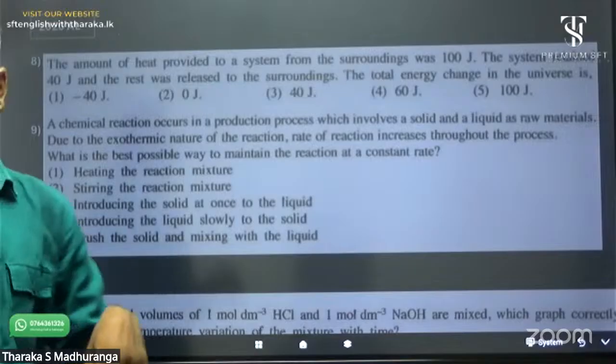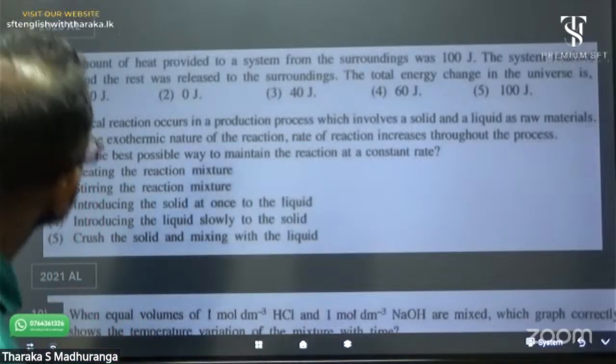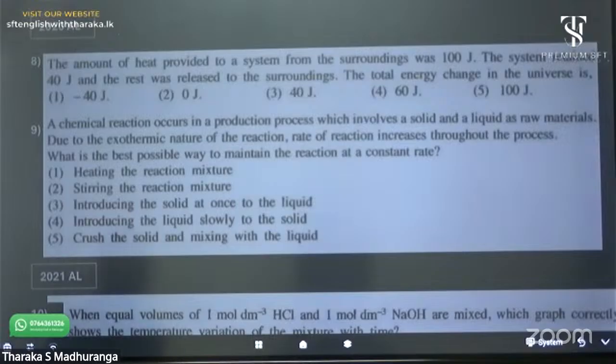Do the 2020 question. The amount of heat provided to a system from the surrounding was 100 joule. The system retained only 40 joule and the rest was released to the surrounding.